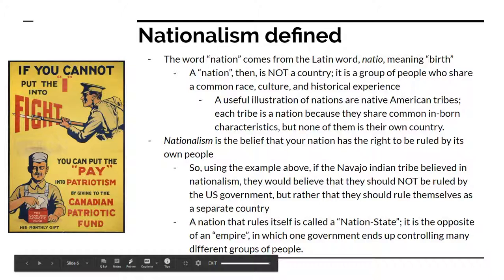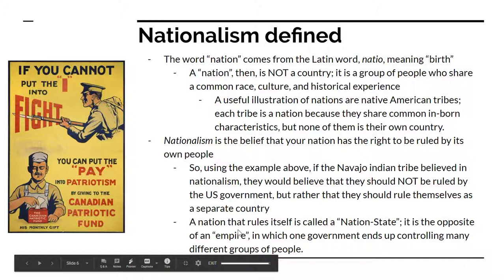Because of their immigration policies, they don't really let too many non-Japanese people into their country. So Japan is truly a nation state. The vast majority of the people that live within the borders of Japan are Japanese, and the government of those people are Japanese, right? The opposite of a nation state then is an empire, right?